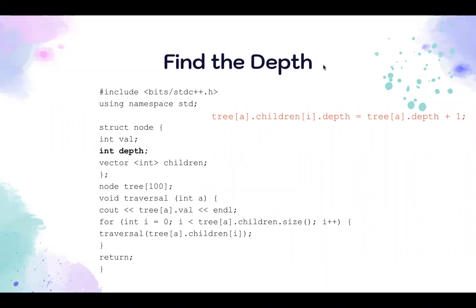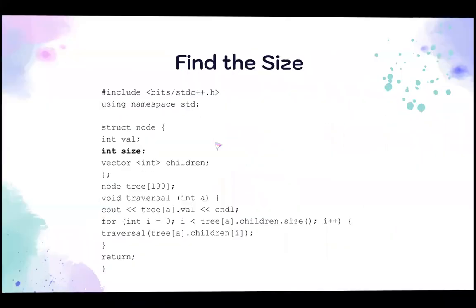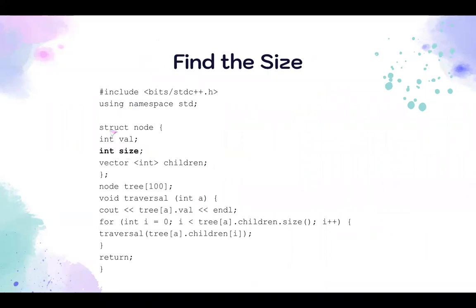We're going to do something a teeny bit more challenging. We're going to try to find the size. So over here, like you can see from the previous problem, there's another attribute inside of the struct, which is basically replacing the depth: the size. So this is how to find the size.